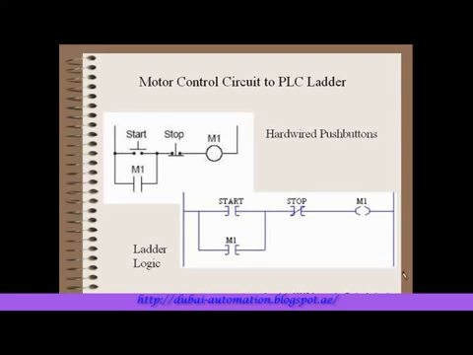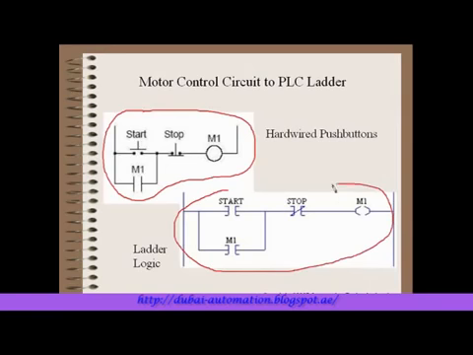So what this now gives us is a situation where we have our hardwired circuit above here, and we have our PLC ladder logic representation of that circuit. Now, this start contact, you see the difference? They're slightly different in the way that they are shown here.